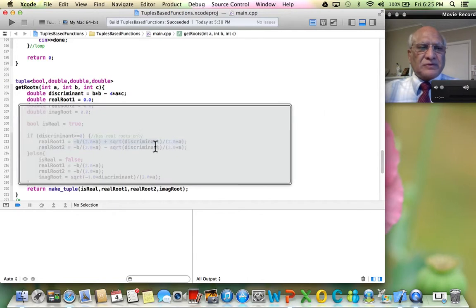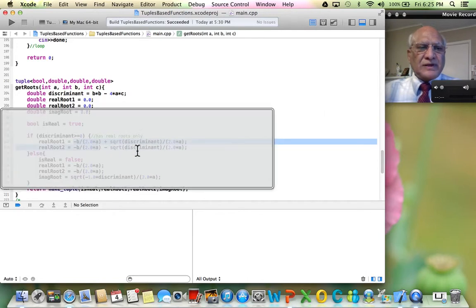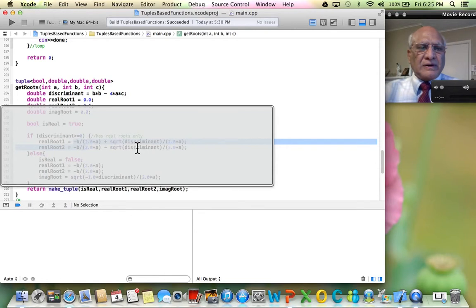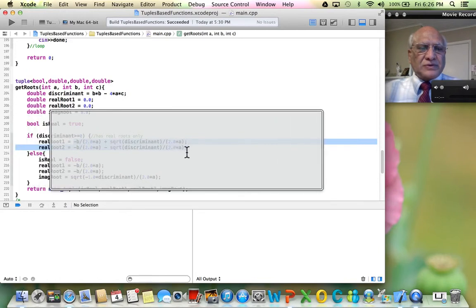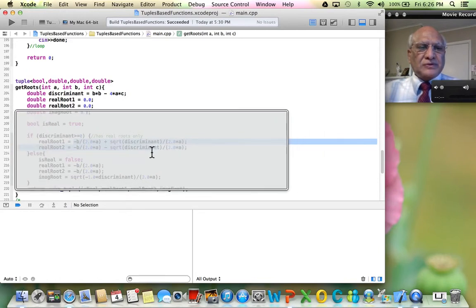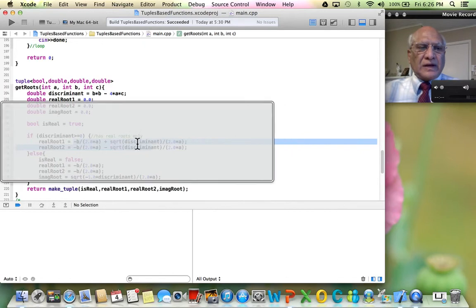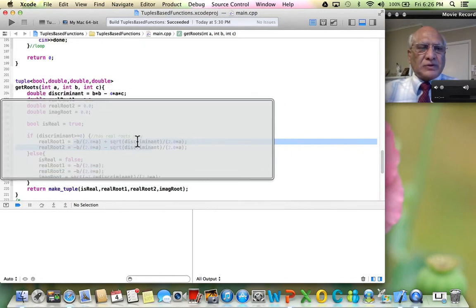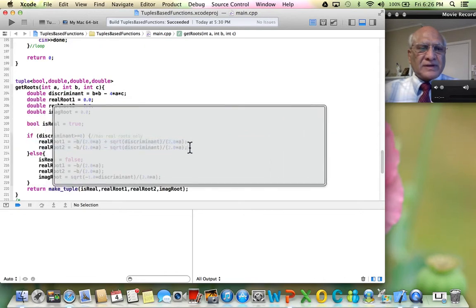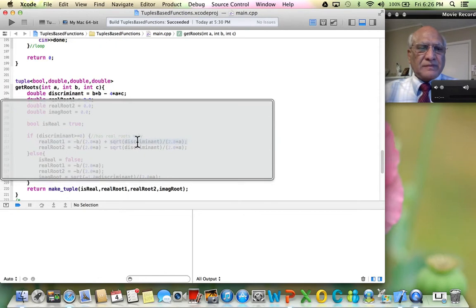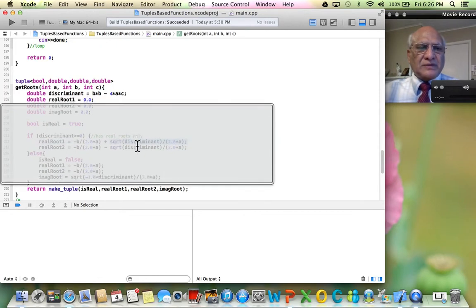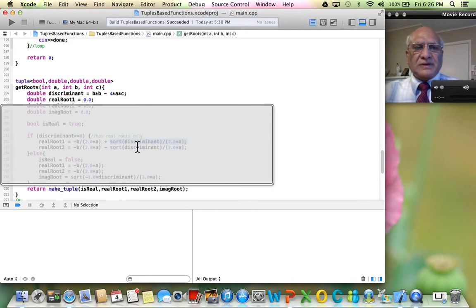So that's one of the root, and the second root is again minus b divided by 2a minus sqrt of discriminant divided by 2a. So these are our 2 real roots, and actually when discriminant is 0, in that case this second portion here will become actually 0. Okay, and you'll have only minus b divided by 2a. So 2 roots will have same value in that case.